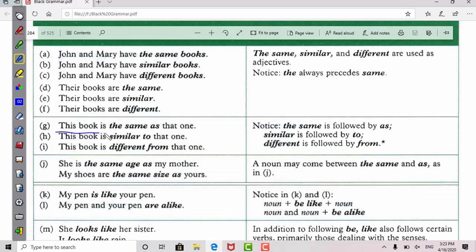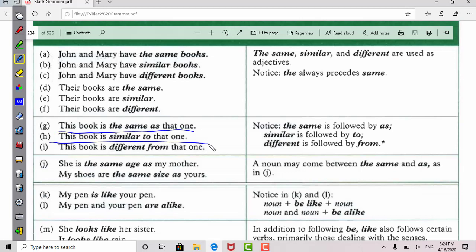This book is the same as that one. It means you compare. There's a comparison: yes, this book is the same as that one. If number A until F that we just taught use adjectives, they function as adjectives. But in G, H, and I, the function is no longer as an adjective, but as comparison words.